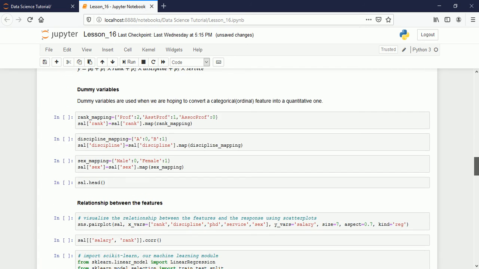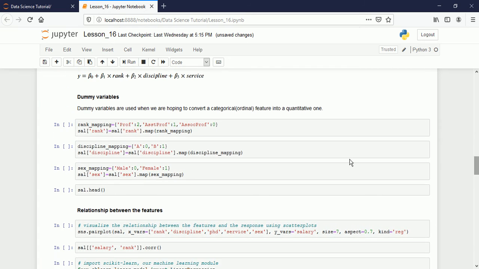Now here, friends, let's see the dummy variables. Dummy variables are used for converting categorical data into quantitative ones, because we want to calculate the values, so we have to convert them into numbers or quantitative values. So how do we do that?